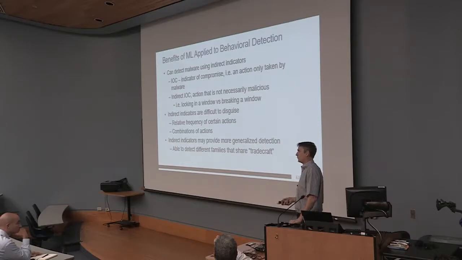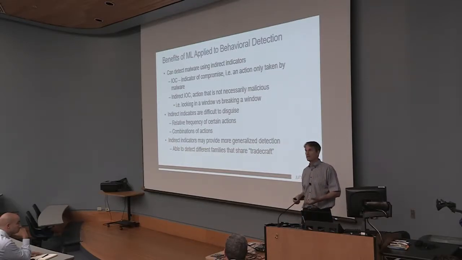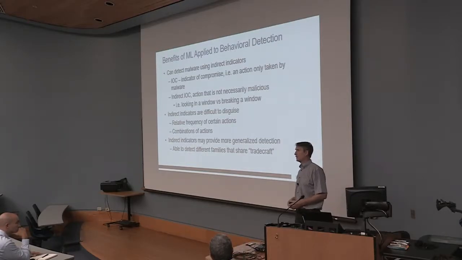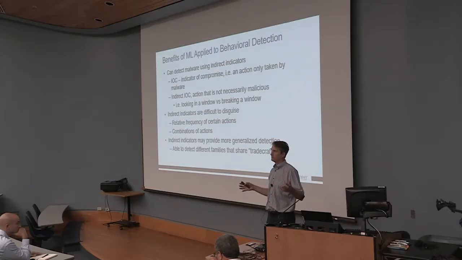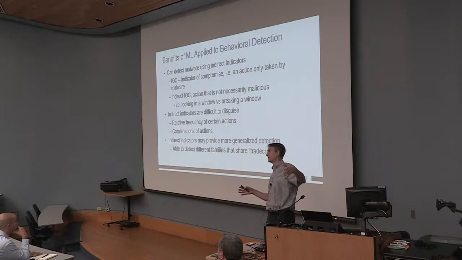A direct indicator would be like killing the AV engine. An indirect indicator would be scanning to see what processes are running on the system. An indirect indicator would be checking what version of the OS is there. An indirect indicator would be allocating memory in a certain way, allocating a big chunk and then setting the execute bit on it.